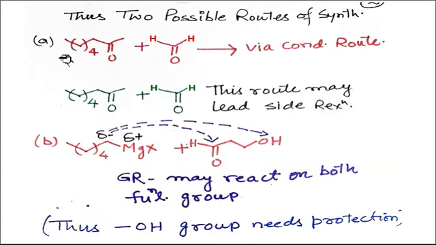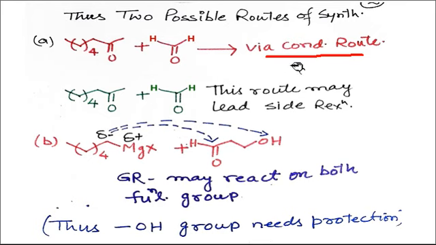For route 1 or path A, if you would like to propose a synthesis of the target molecule using the synthetic equivalents or reagents we obtained after disconnection via path A, then we can choose the condensation route, meaning it's an enolate and that will condense with this one.